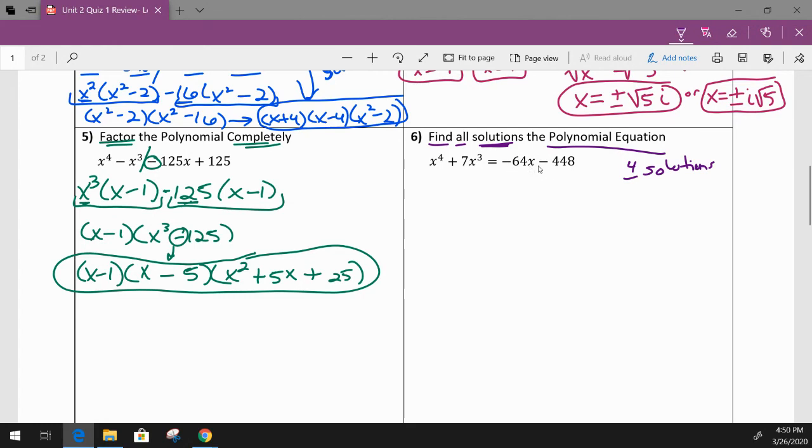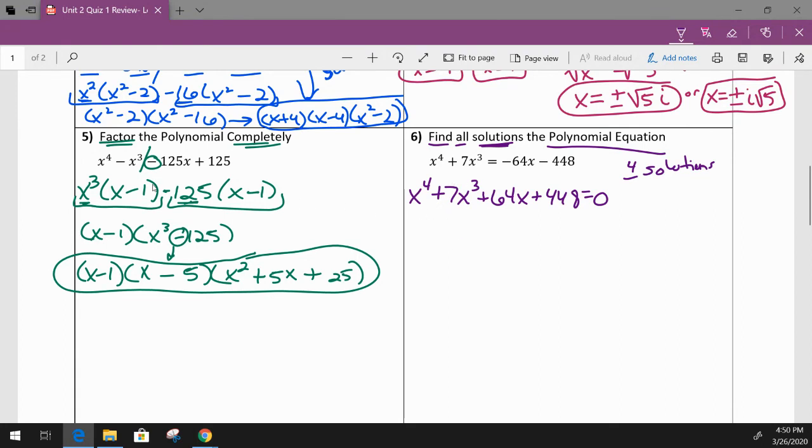So this negative 64x and negative 448 are going to go to the other side. And when they move from the right side of the equation to the left, they're going to change signs. So this negative 64x becomes positive. The negative 448 becomes positive 448. Now, if you did have a positive number over here, when you move it to the left, it would become negative. So be careful when you're moving terms from one side to the other.